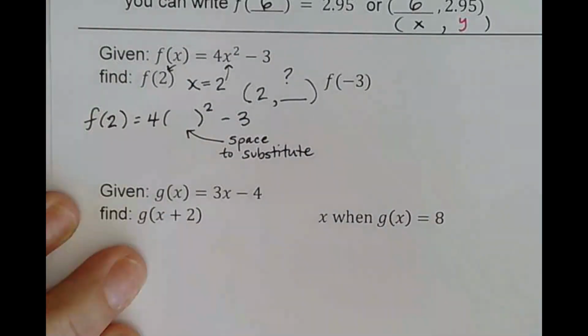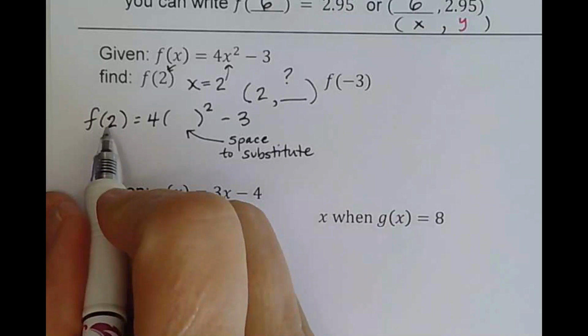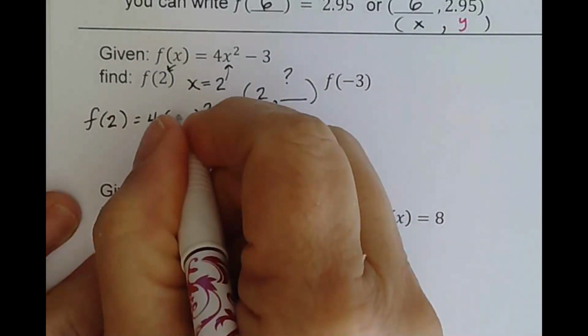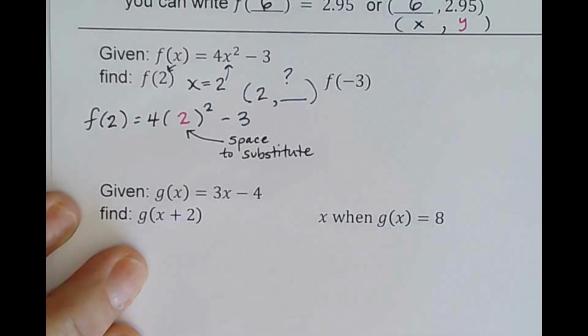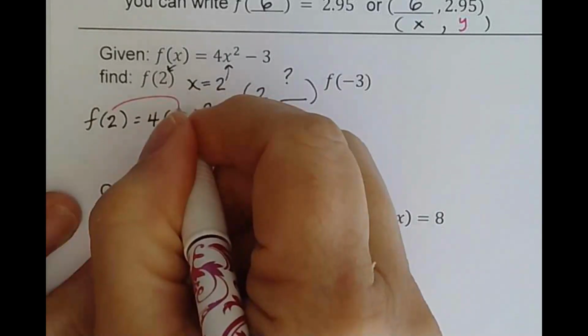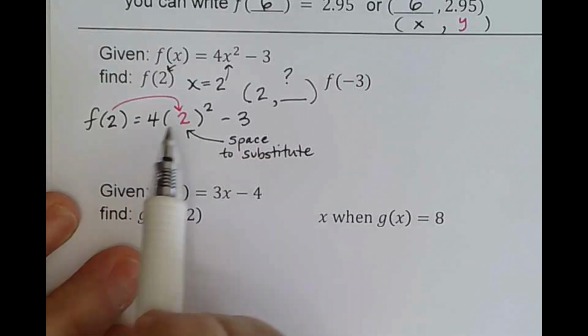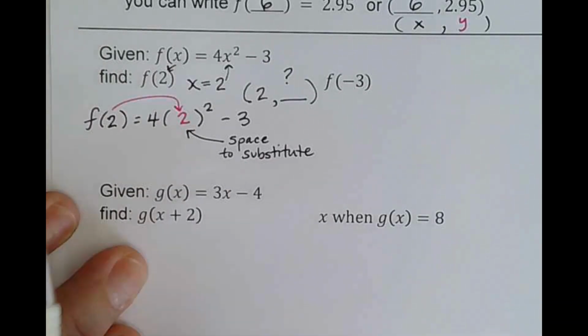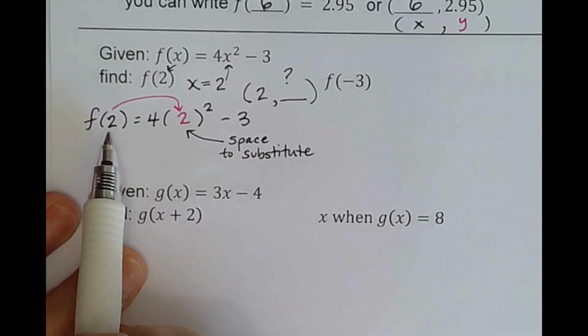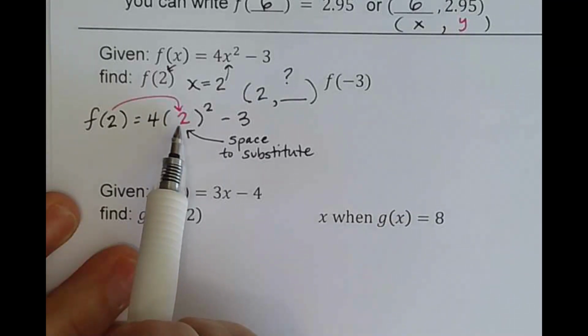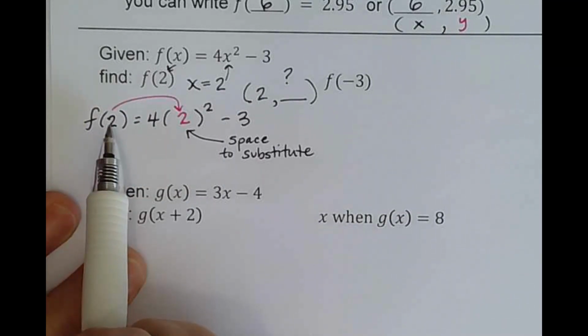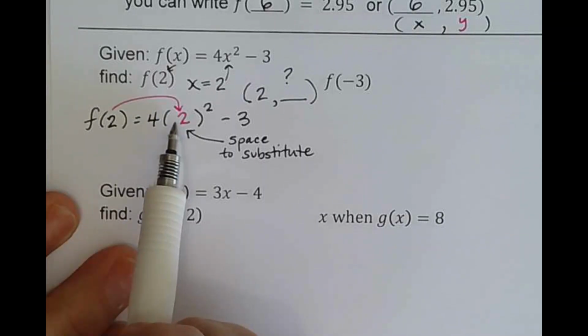And because I'm trying to find f of 2, then I'll put a 2 here. If I wanted to know f of 0, I would put a 0 here. I'm saying x is 0. If I need an f of negative 16, I would put negative 16 here. I'm just defining which x I want to solve for.